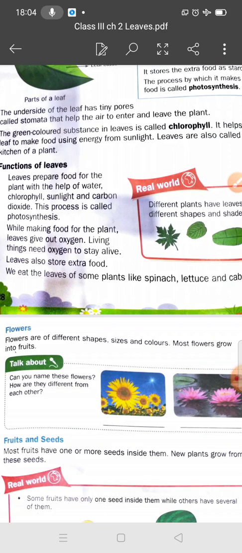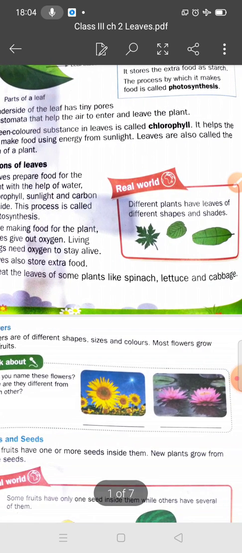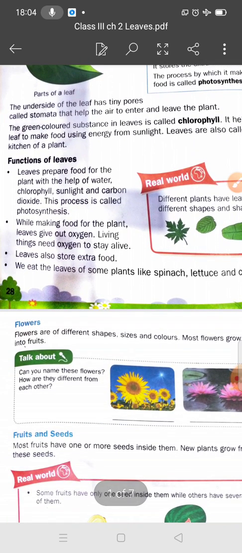So you can recognize the different structures of the leaf, because different plants have leaves of different shapes and different shades. Understand?